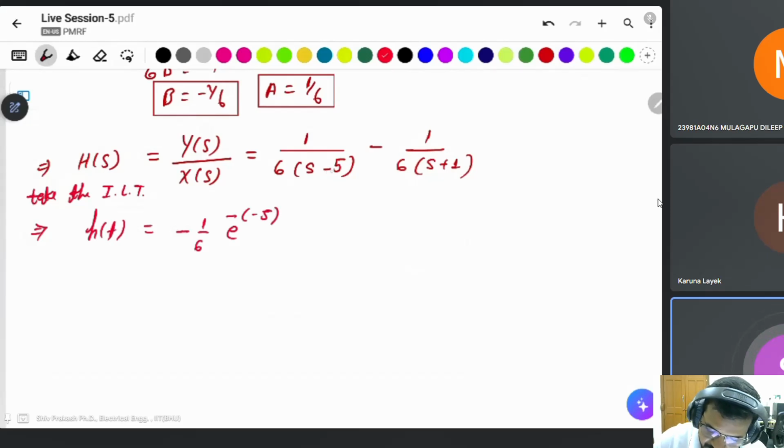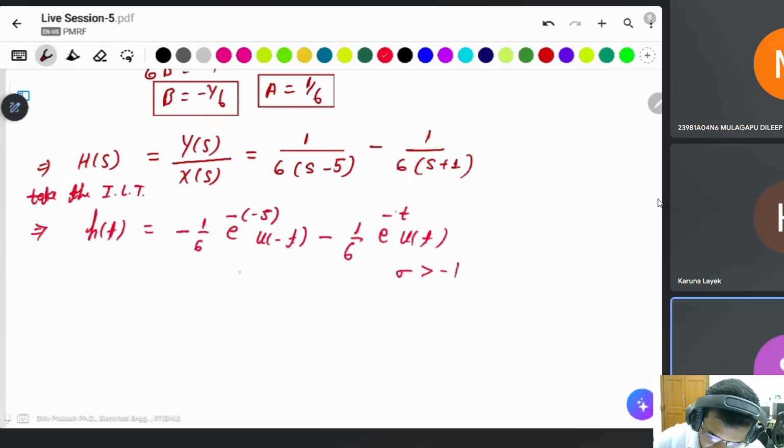If you take a plus, you take a minus, u of minus t. Minus, this will be 1 by 6, e to power of minus t, this is 1t into u of t. Because this one is greater than minus 1, this will be minus 1 here, so less than of 5t, because this will be plus 5t.